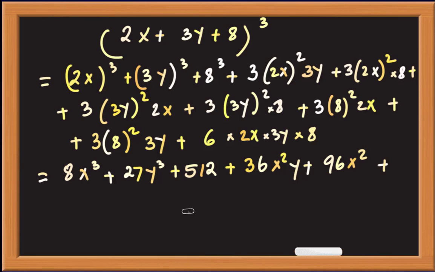Plus 3 times 9, 27 times 2, 54 xy squared. Now plus 3 times 9 times 8, otherwise we have 72 times 3, 210 and 6, 216 y squared.